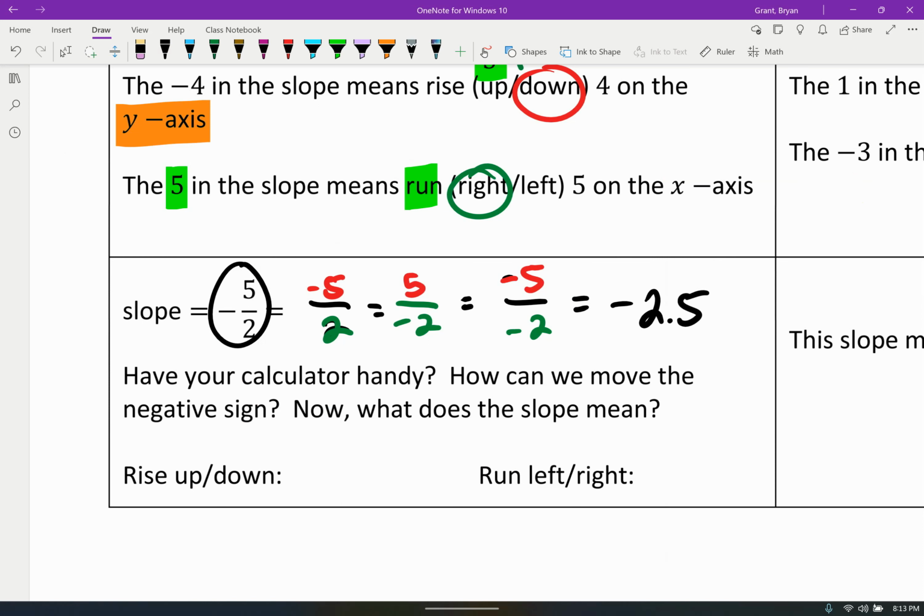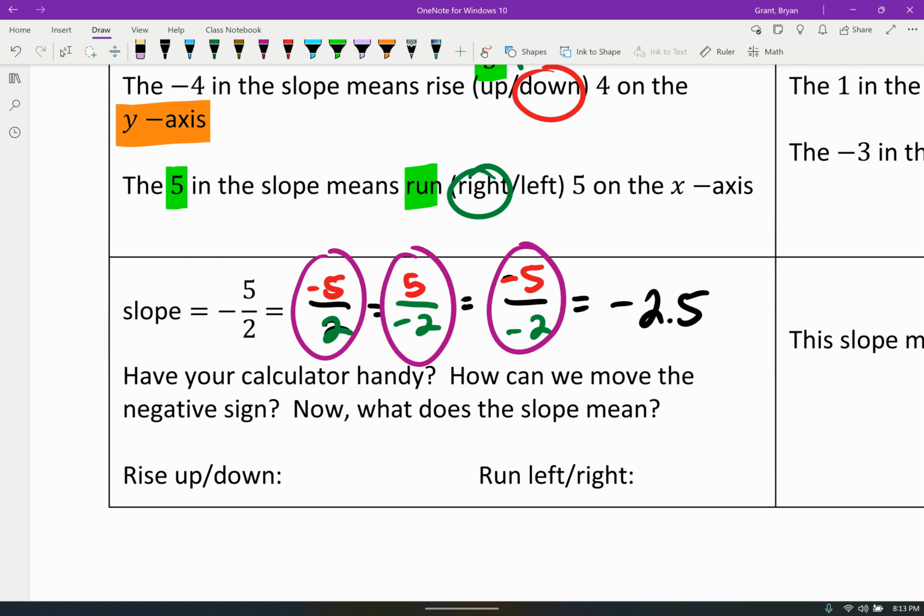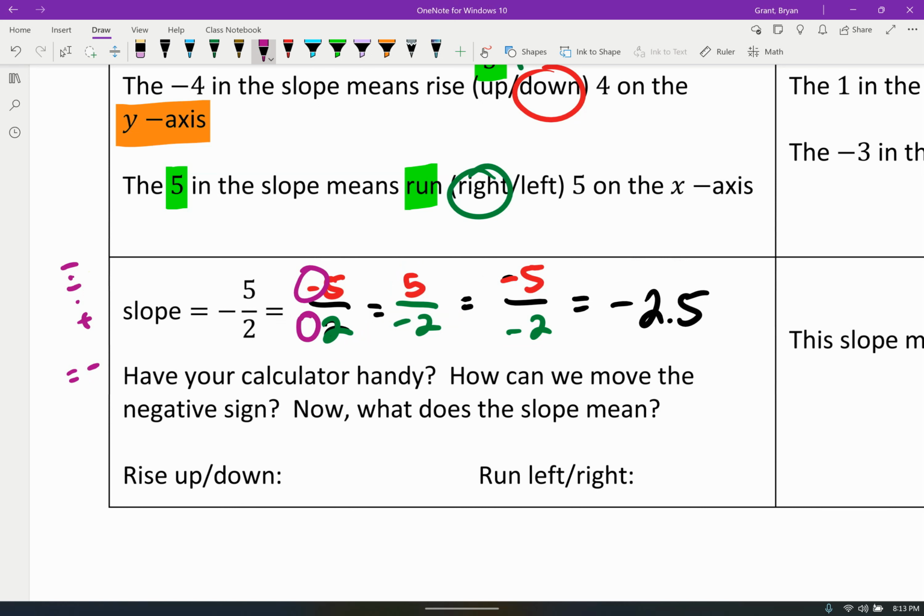So my question for you is, which of these 3 that I just circled in purple equal negative 2.5? And you can do this pretty quickly on your calculator, but you should know the answer really just by looking at the fractions. We have a negative divided by a positive, and when you have a negative divided by a positive, that always equals a negative. So this first fraction is going to match.